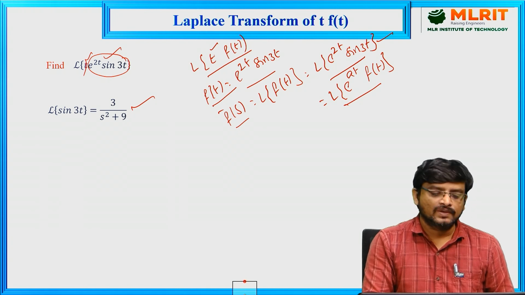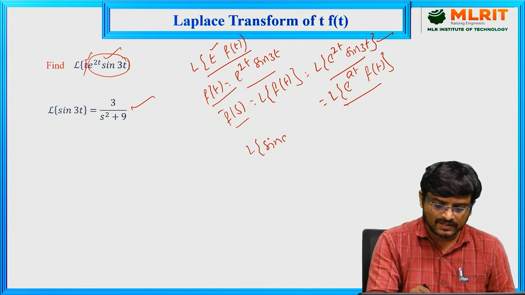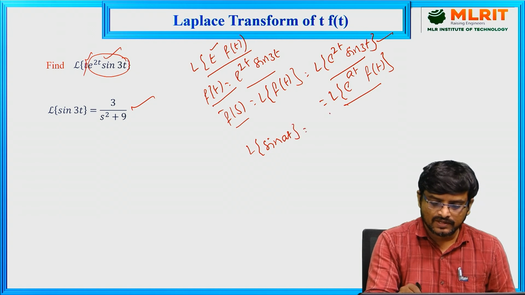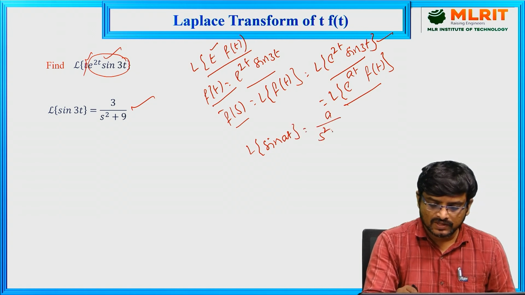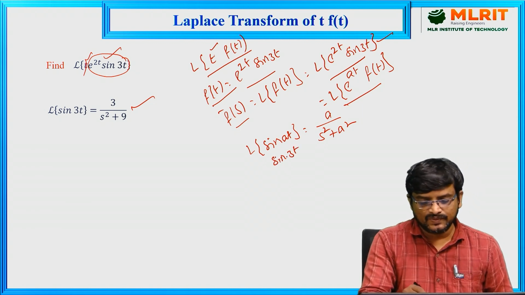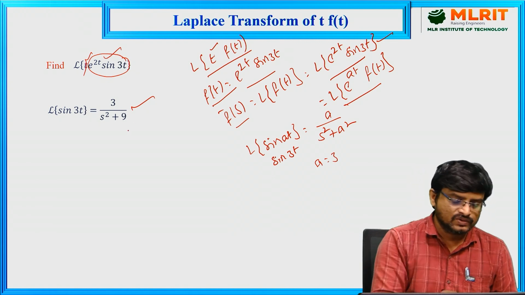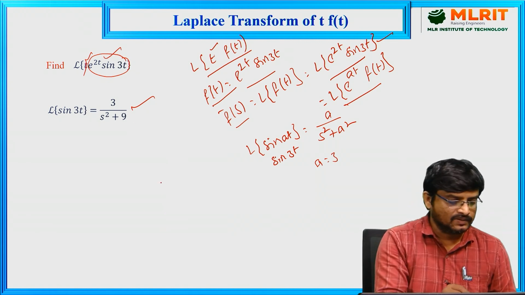We have the formula Laplace transform of sine at is a by s square plus a square. Comparing with sine 3t, we get a is equal to 3. So it is 3 by s square plus 3 square, that is 9.